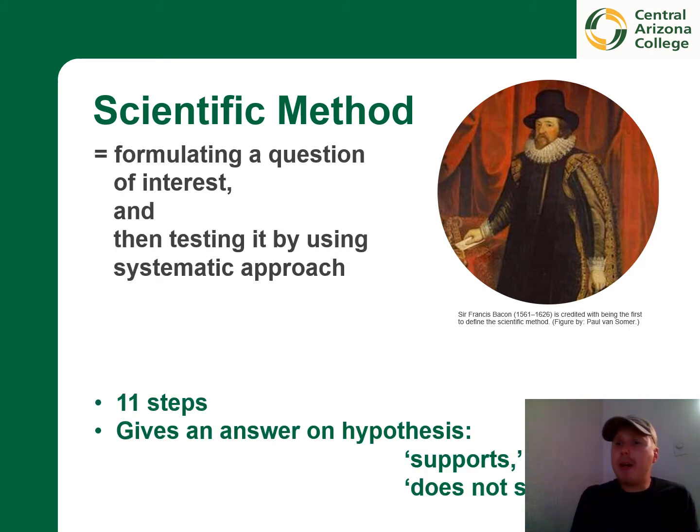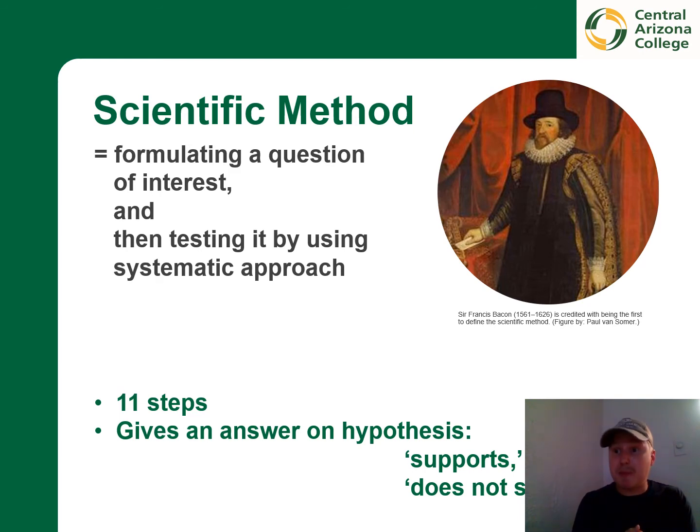So here I have what I think is a rather nice definition of the scientific method. Scientific method is a process where the question of interest is formulated so that it is clear and unambiguous. And then this question is tested using a well-established systematic approach which removes much of the subjectivity. So as I said, this is a multi-step process.